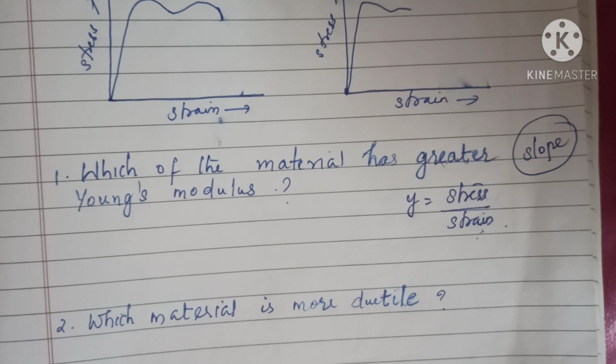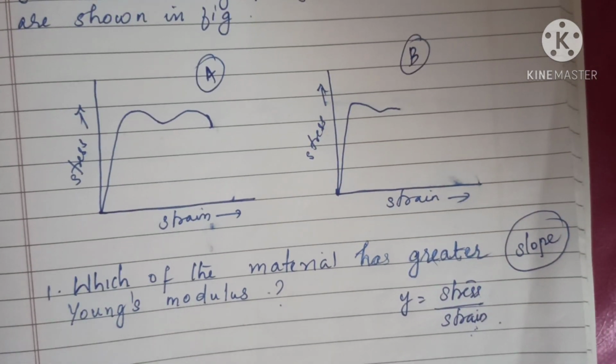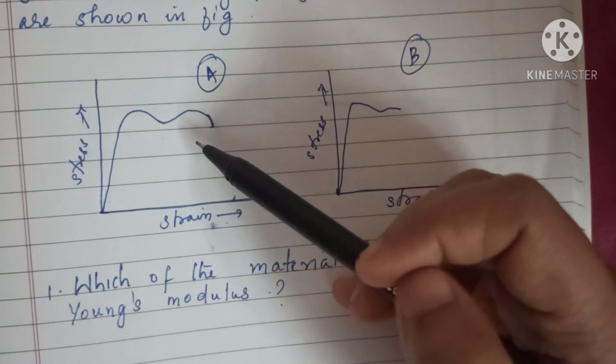Yes, you will take tan theta, or the y distance divided by the x distance. So in these two figures, when you take the slope of the stress strain graph, for material A the slope is higher than that for material B, isn't it? So I can say material A has greater Young's modulus. If the slope is greater, slope means stress by strain is greater.